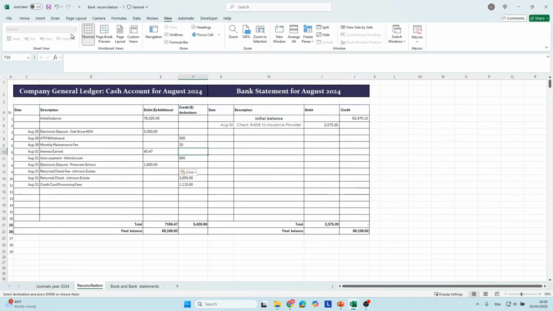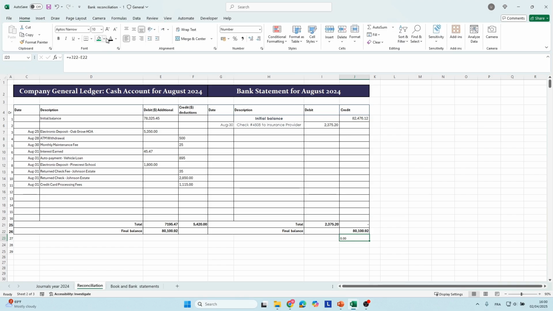And we get our reconciliation completed. We make a check. We see that the final balance will be 8,000 in the general ledger account, which is similar in the bank statement. You need to make the check, and you see that the value is 0. There is no difference.